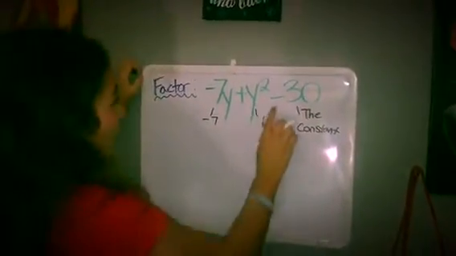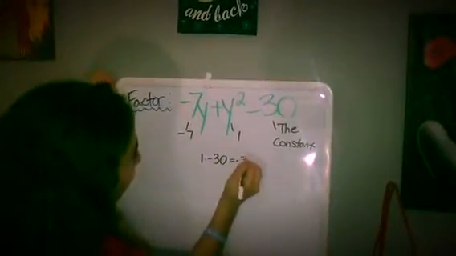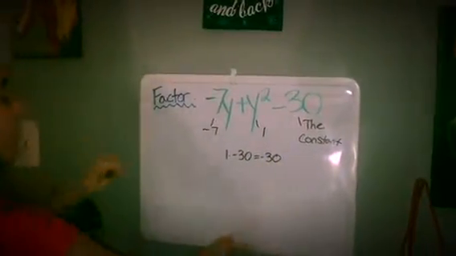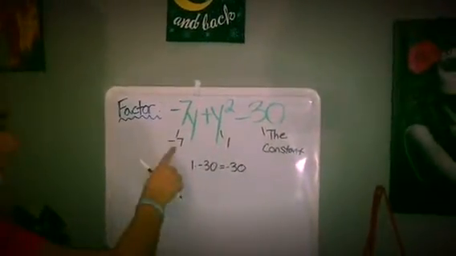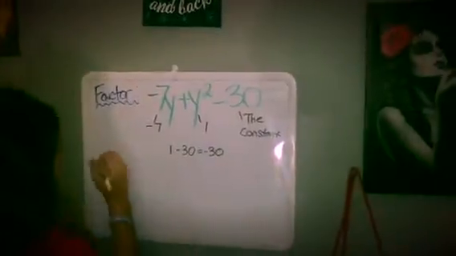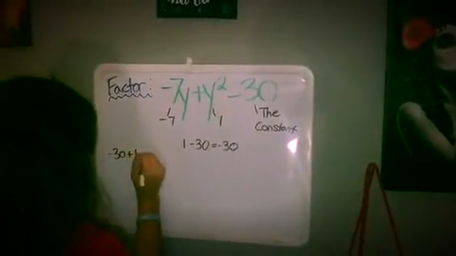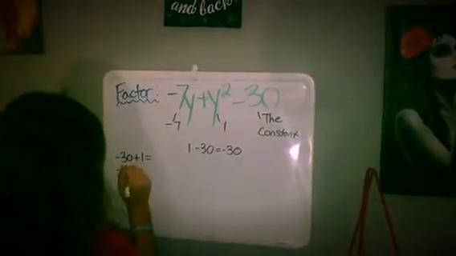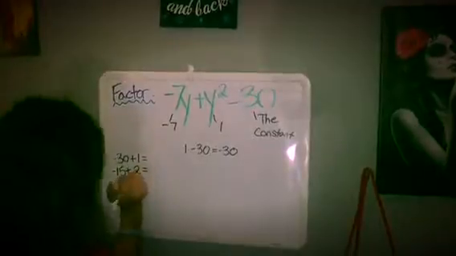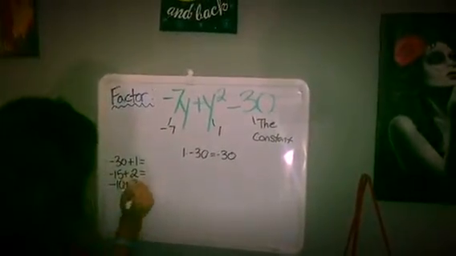So we multiply 1 times negative 30, which equals negative 30. Then we have to find the factors of 30 that add to negative 7. So it would be negative 30 plus 1, negative 15 plus 2, and negative 10 plus 3.